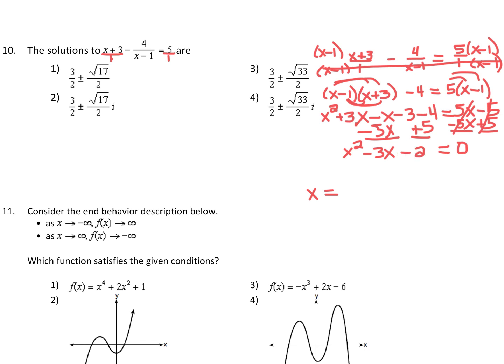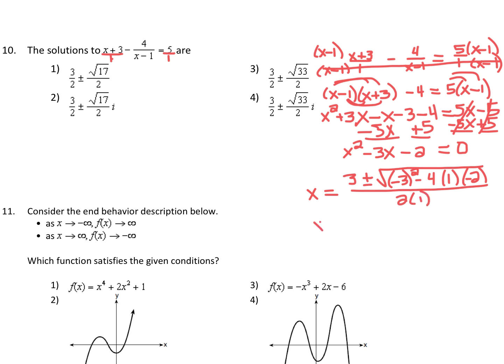So x equals negative 3 would be positive 3, plus and minus the square root of b squared, I'm just plugging in the numbers as I say the formula, minus 4 times a, which we said is 1, times c, which is negative 2, over 2 times a, so 2 times 1.